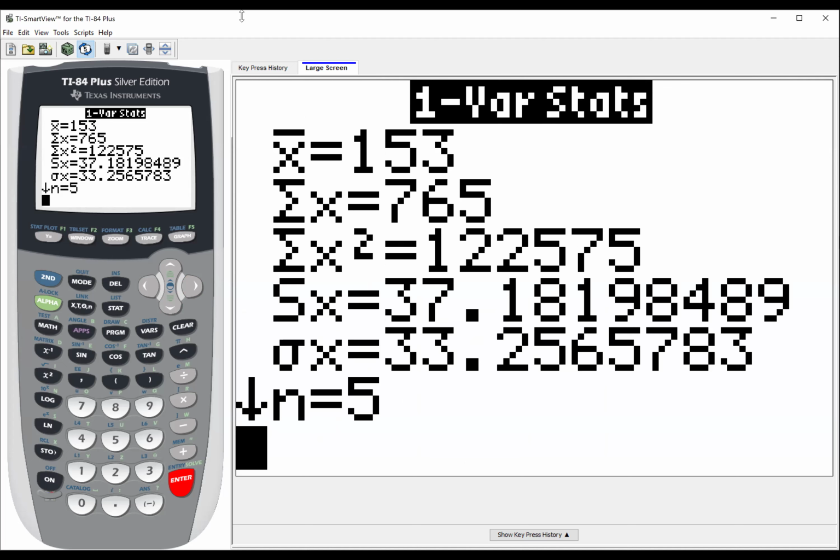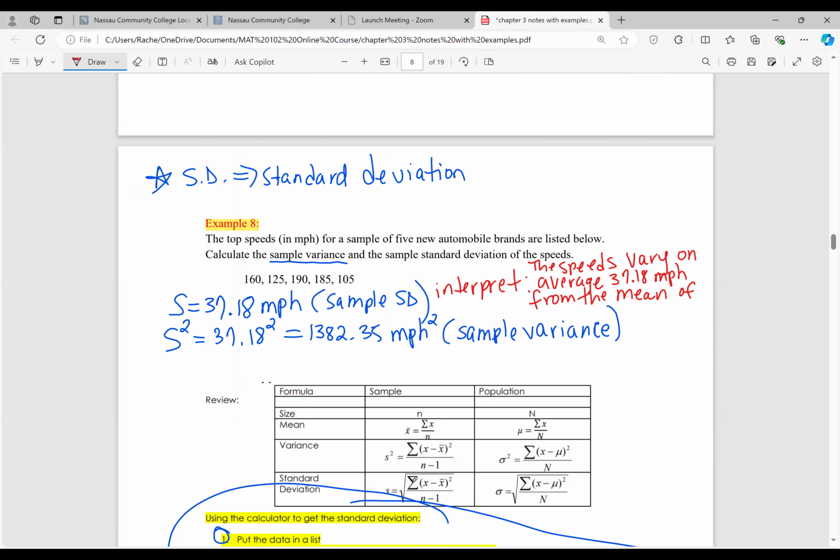So we're going to vary on average 37.18 miles per hour from the mean of 153 miles per hour. So x bar in this case was 153 miles per hour. So the average deviation from the mean is about 37.18 miles per hour. And that's how we interpret the sample standard deviation. In the next lesson, we're going to do another example and I'll do a little bit more review on the variance and the standard deviation.